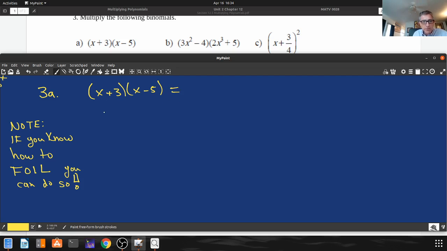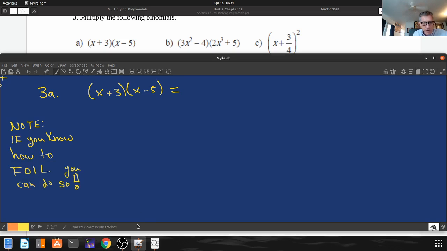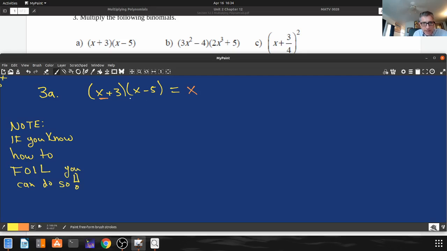So what I do is I take the first term in my first factor, which is x, and then I multiply it by my entire second binomial, x minus 5.